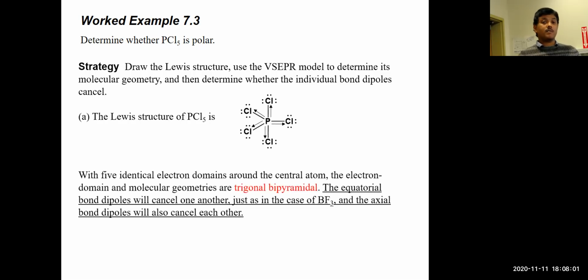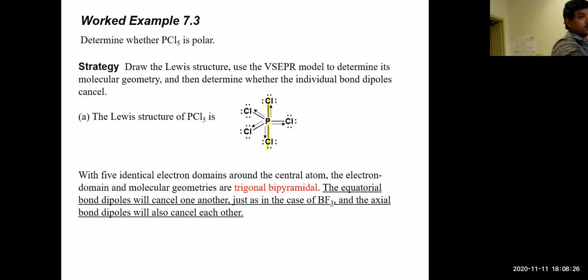So the molecular geometry of PCl5 is trigonal bipyramidal, right? Trigonal bipyramidal. So it has a trigonal planar structure in it with 3 chlorines. So there is a symmetry, and also it has a linear structure from top to bottom.